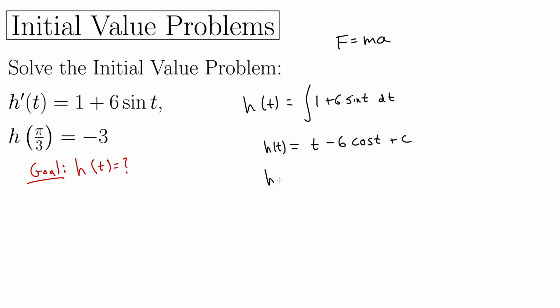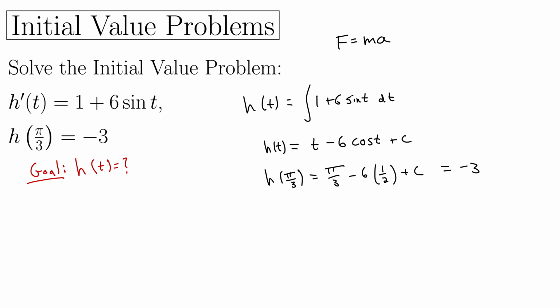So we know that h of pi over 3 equals, let's plug in pi over 3 here. So we get pi over 3 minus 6 of cos pi over 3. Well, cos of pi over 3, if you recall, is 1/2. Then we get plus c, and we know this whole thing equals negative 3.